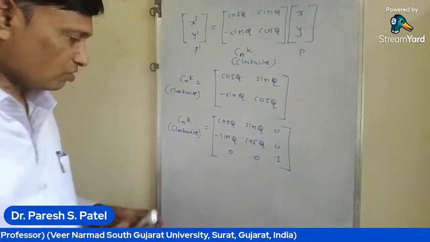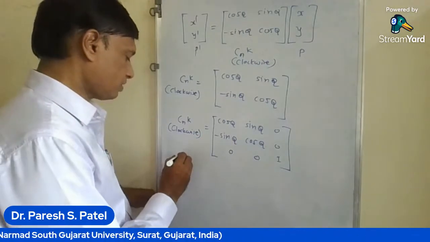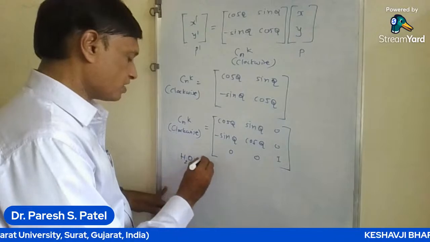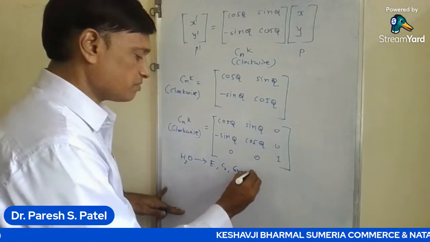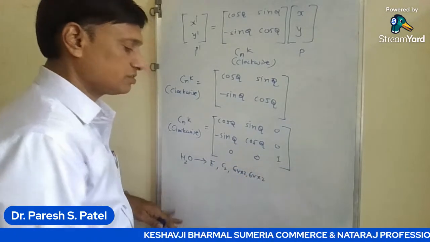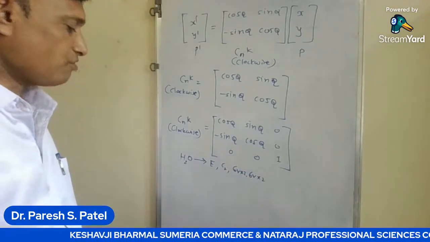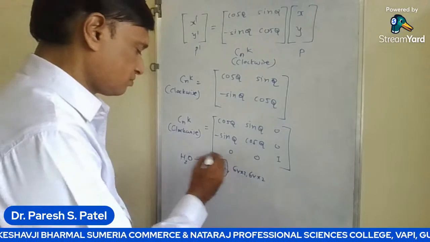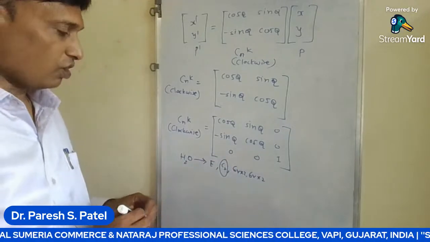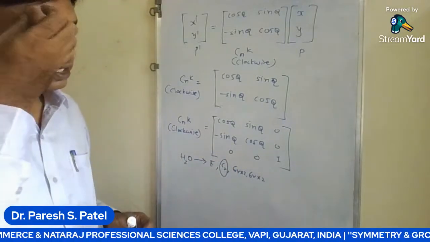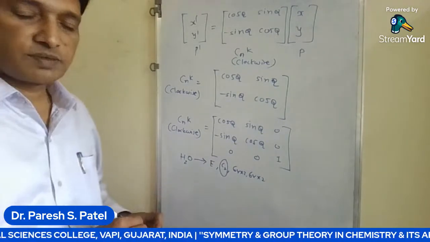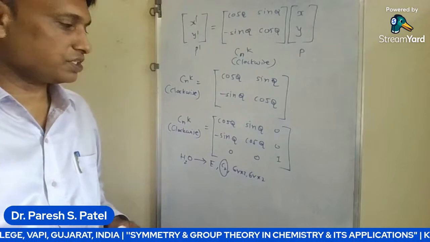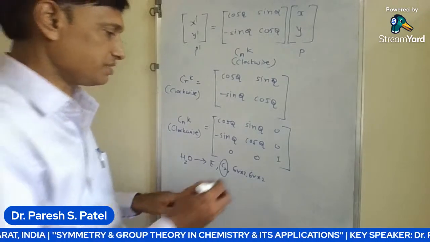Now in case of the water molecule, we know that the water molecule consists of E, C2, sigma Vx, sigma Vy symmetry elements. Now, if we operate the C2 symmetry operation, how do we get the matrix representation for the water molecule? We have to rotate the molecule around 180.